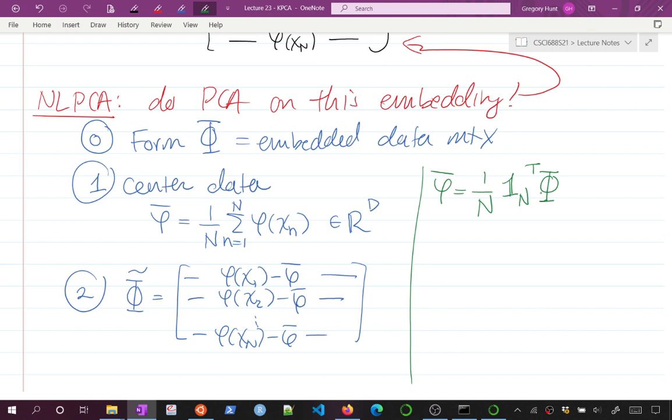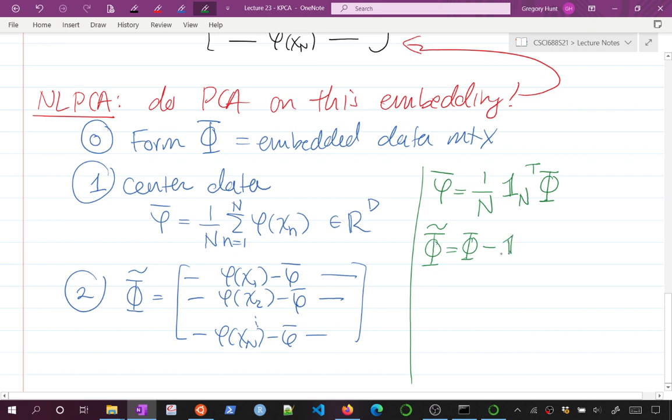And so you can write phi tilde, the centered embedded matrix, as the original embedded matrix, but then we subtract off phi bar from each row.